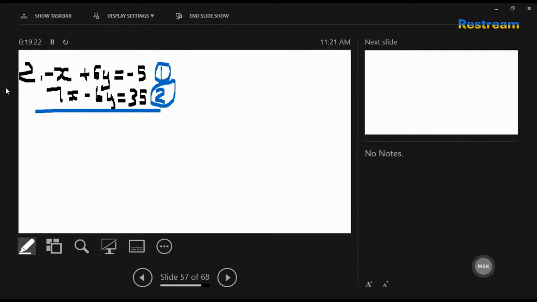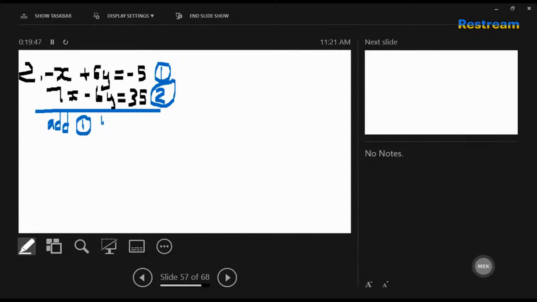So again, we look and we see that we have a 6 and a -6. So we can add the equations to cancel out these. So if it was a +6 and another +6, we'd have to subtract them in order for it to be equal to 0, so we can eliminate it.